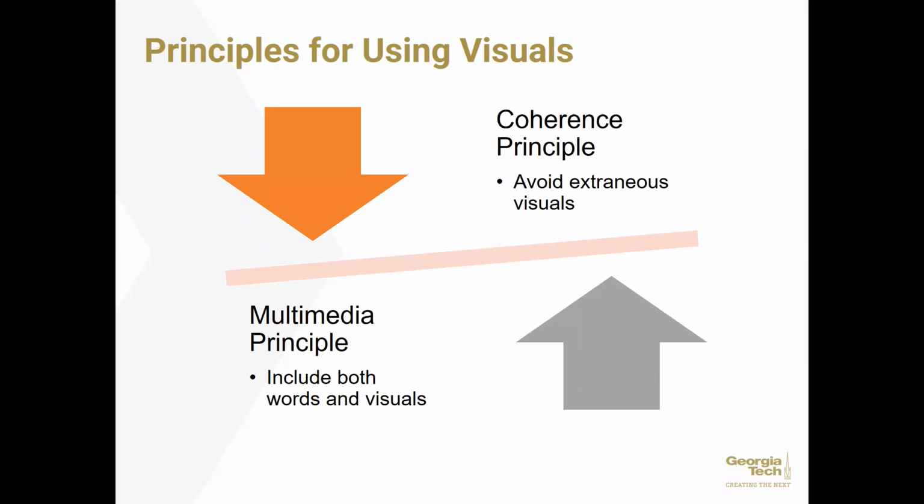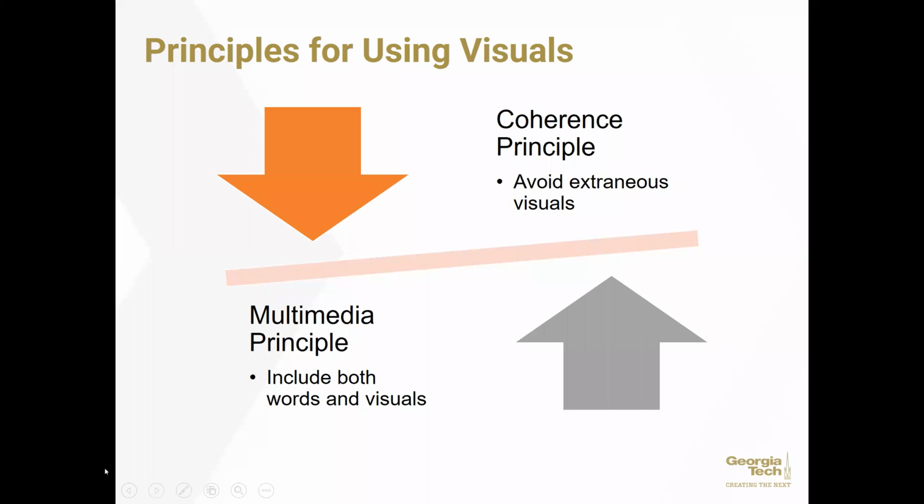So comes the coherence principle: when we think about using visuals, we should not use them excessively, because using too many visuals, if they're not relevant, could be distracting and eventually hurt learning.